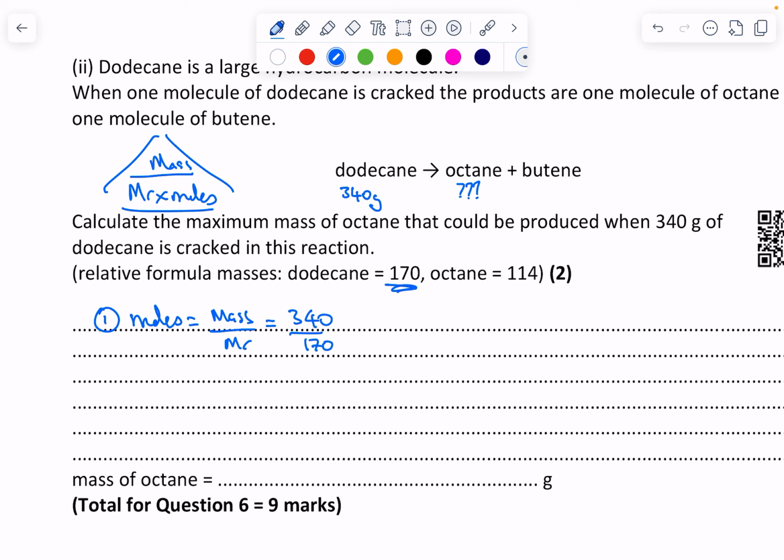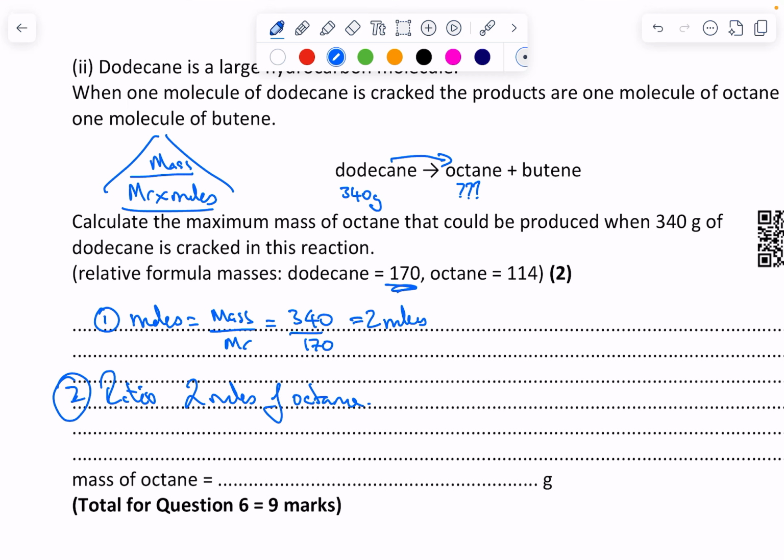So all I need to do on my calculator is do 340 divided by 170, and that's going to be 2 moles. Now the ratio in here is 1 to 1. So the ratio is 1 to 1. Therefore, I will have 2 moles of octane.